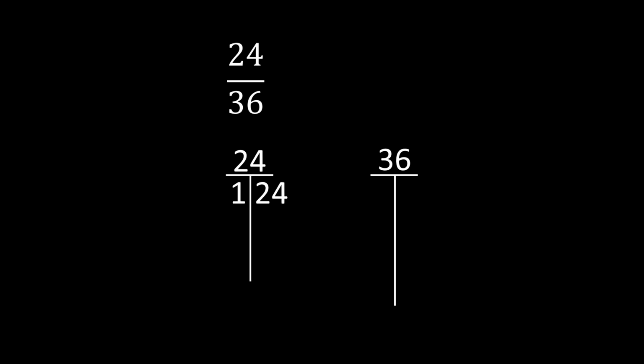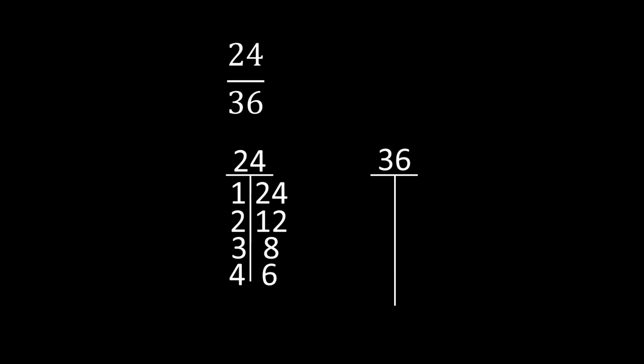In this example, we'll be simplifying 24/36 using the greatest common factor. So the first step that we need to do is list all of our factors of 24 and 36. So starting with 24, 1 times 24 is 24, 2 times 12 is 24, 3 times 8 is 24, and 4 times 6 is 24.